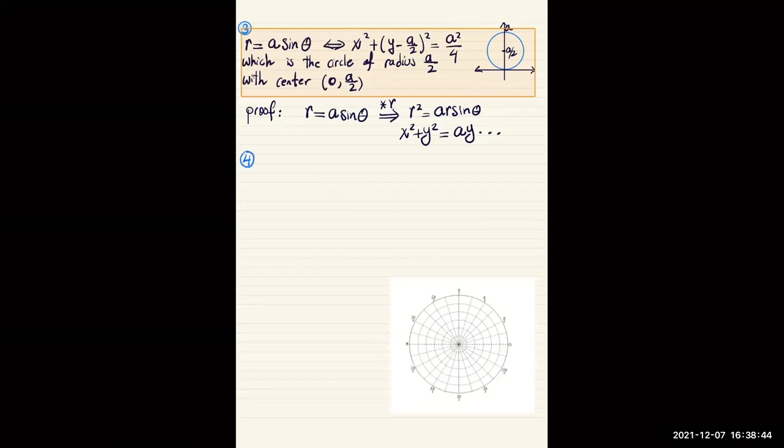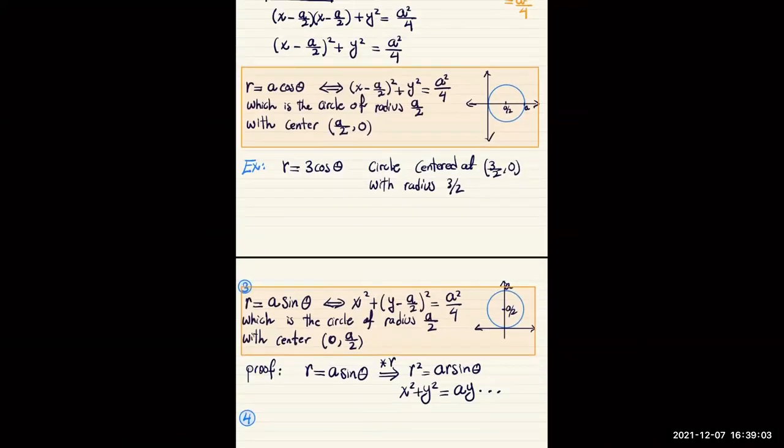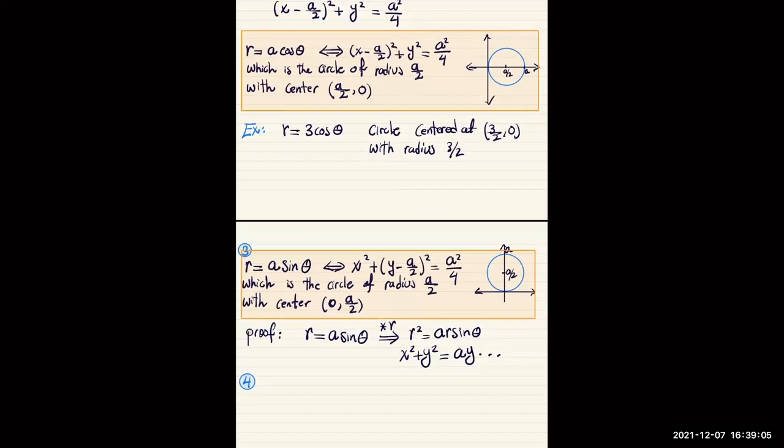Professor, is it r equals a sine of theta? Because I was looking back at the cosine, and we have x equals r cosine theta. x is r cosine theta, correct. But let's see, what did I write down here?